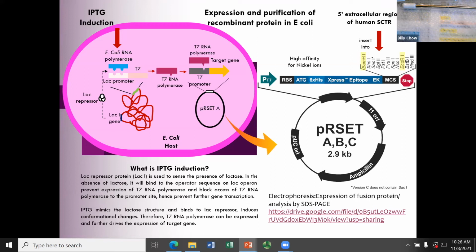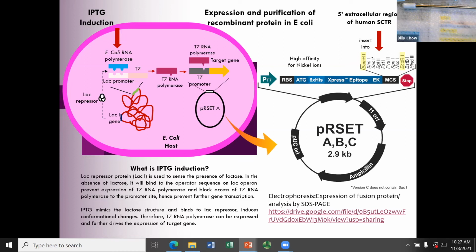It drives expression, meaning that it will transcribe that DNA, right? So this is the T7 promoter that is recognized by T7 RNA polymerase. And the T7 RNA polymerase binds to this promoter and drives the expression of this transcript, messenger RNA, that encodes the fusion protein, right? So that part, now you understand already.